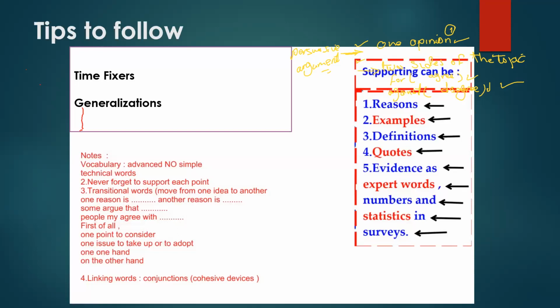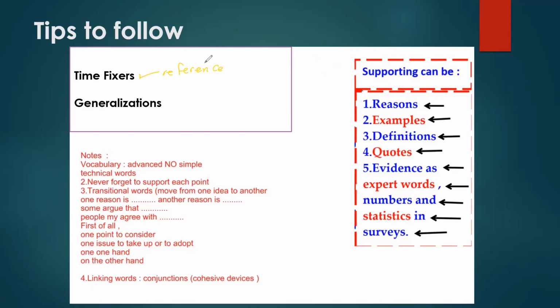Here are some tips to follow. They are very necessary tips. These tips were already mentioned in the last session, but we didn't complete them due to what occurred. Number one, we need to use some time fixers. We mean by time fixers any time reference.